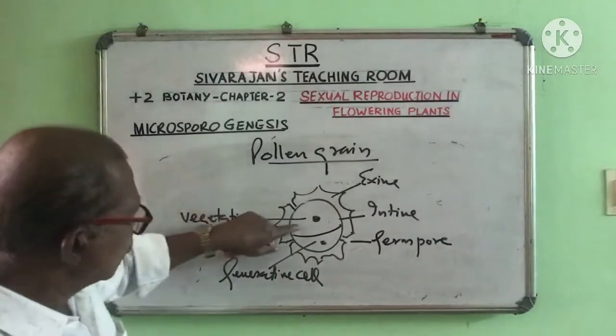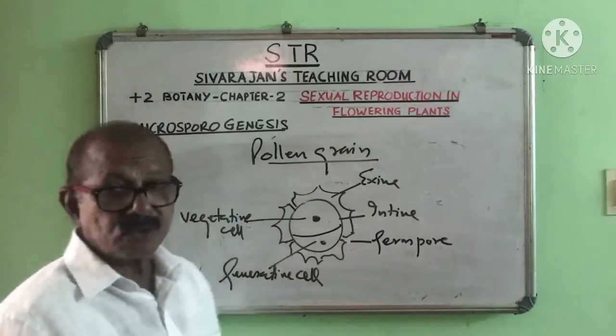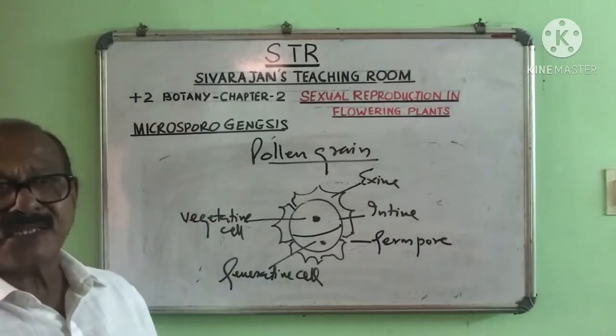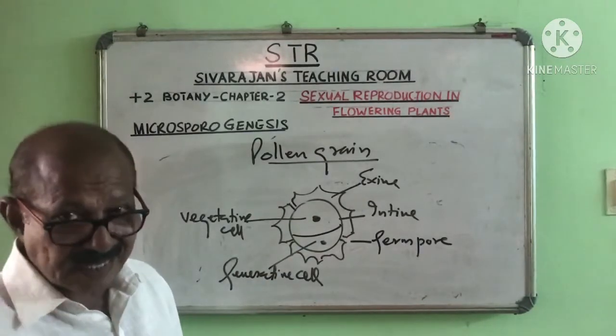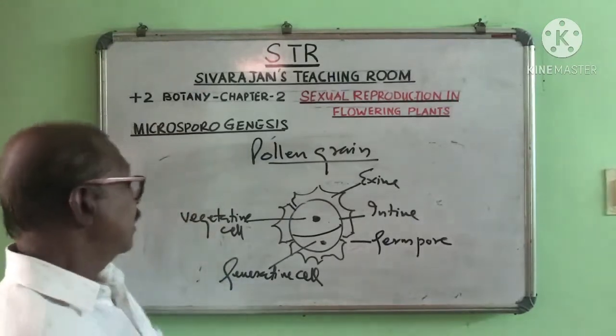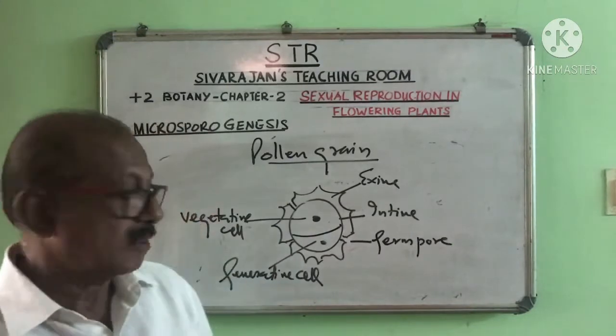The vegetative cell is the bigger one and the generative cell is the smaller one. So the pollen grain has 2 cells. 60% of the pollen grains are in this 2-celled stage when they are released from the anther.